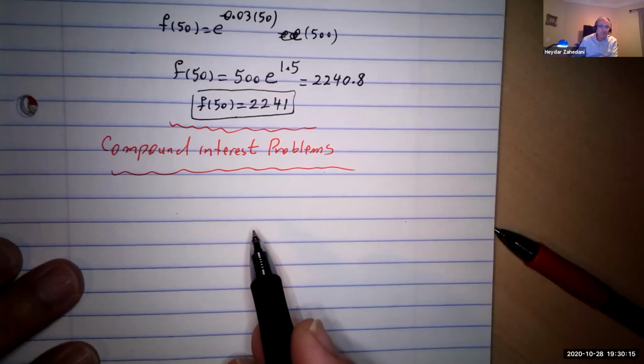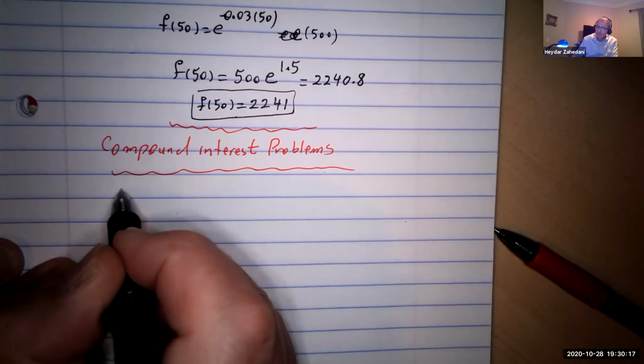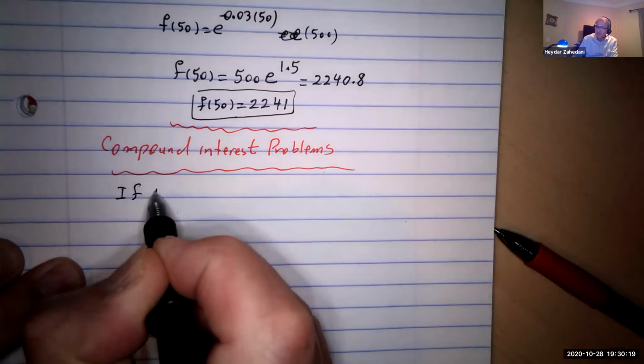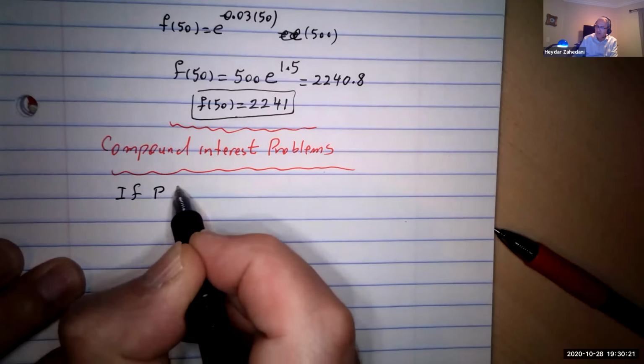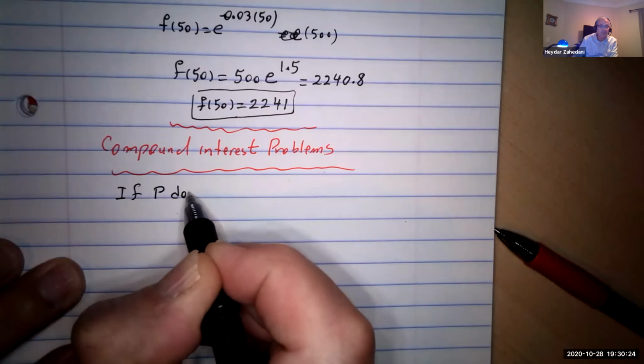So suppose you start with money in the bank. If you start with P dollars, that's your starting target.